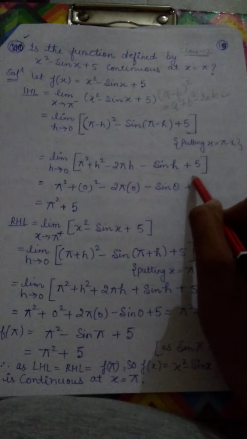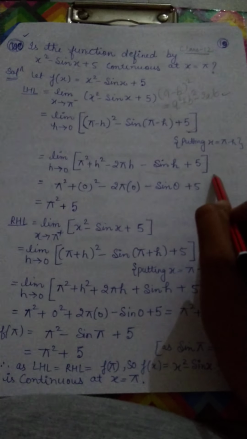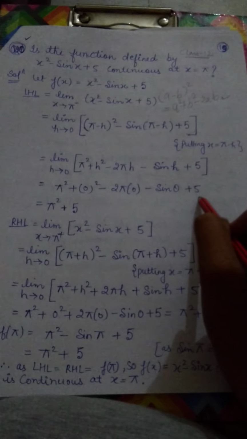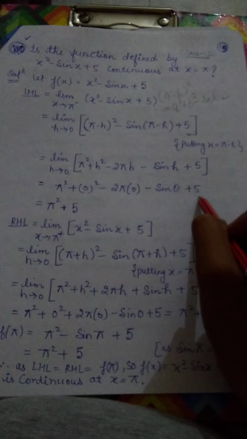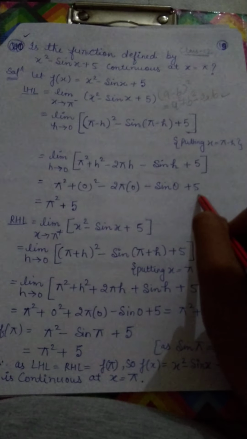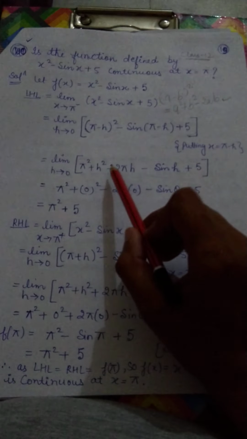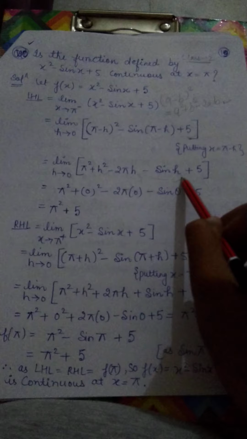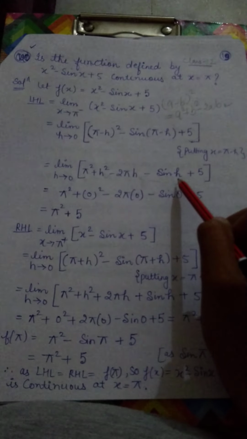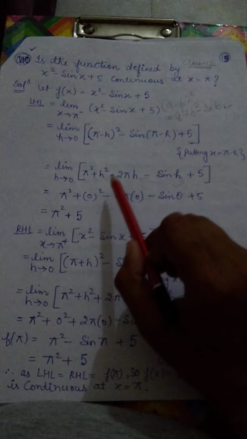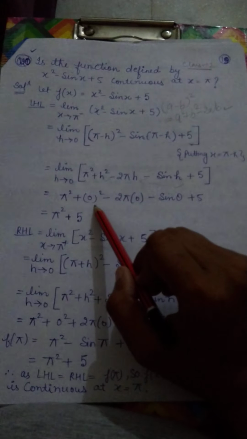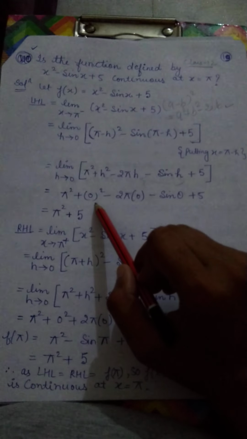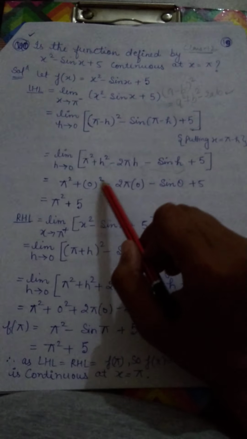Plus 5. Now in the next step I will put the value of h is equal to 0 wherever h is there. Like h is here, here is h, here is h. So I will put here h is equal to 0. When I put h is equal to 0 over here, what I will get?